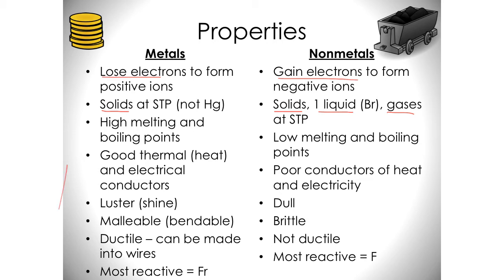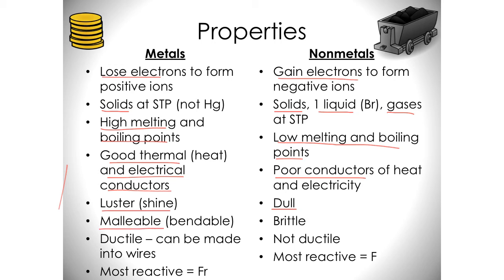Our metals have much higher melting and boiling points. Nonmetals have lower melting and boiling points. Metals are good conductors of heat and electricity. Nonmetals are not good conductors. Most metals have metallic luster or shine, so they look shiny, whereas our solid nonmetals have more of a dull appearance.